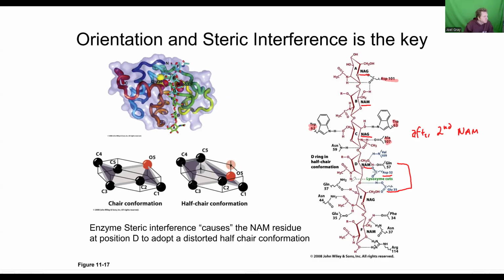Well, here's the thing. Look right here. Carbonyl carbon. Is that the R group for alanine? No, it's not. It's not the R group for alanine. Is that the carbonyl backbone? It is. Sure is.